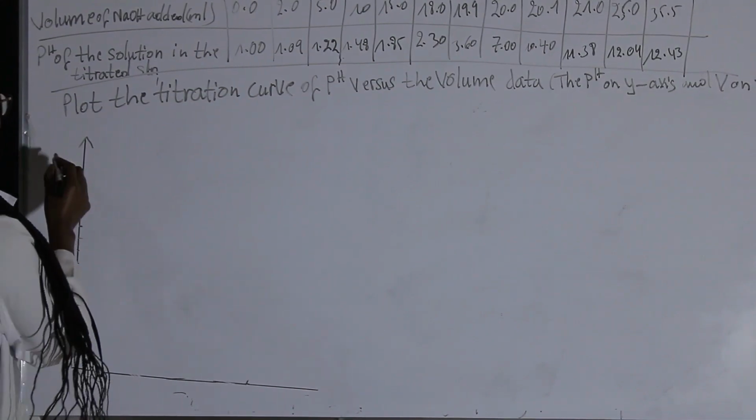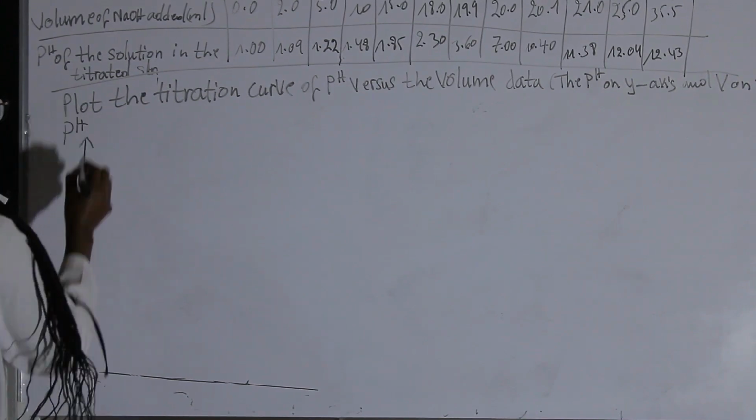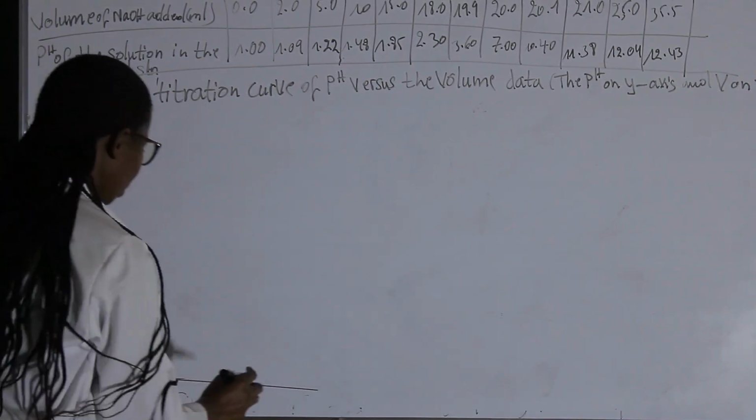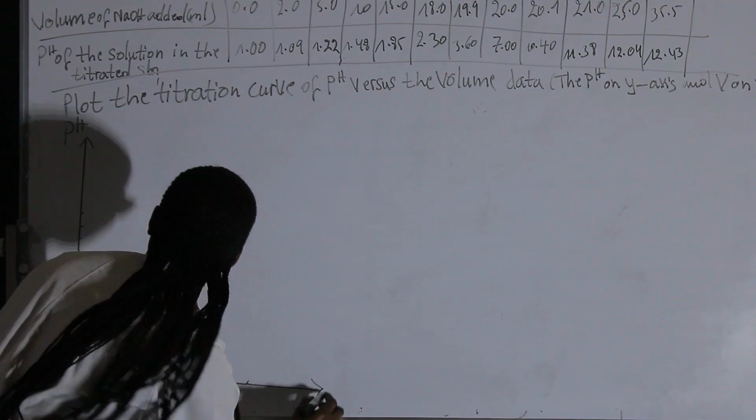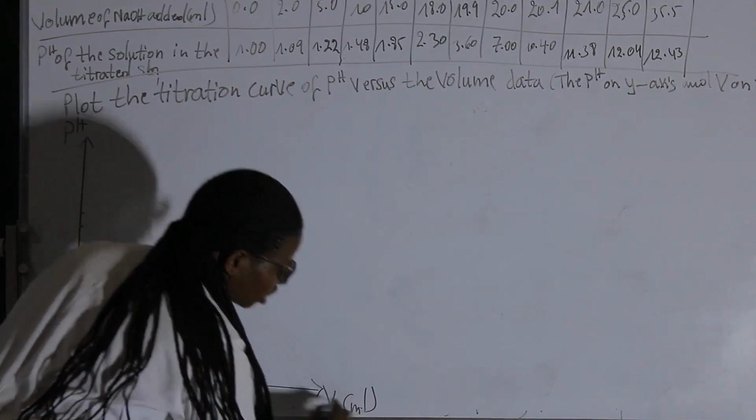On the y-axis we have pH. On the x-axis we should have volume in milliliters.